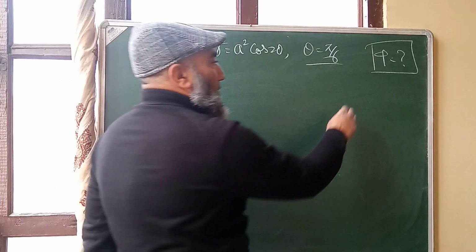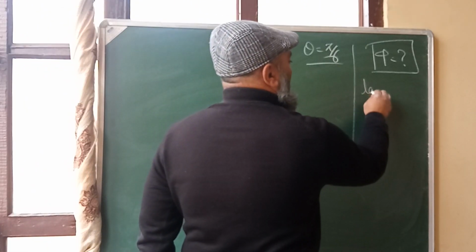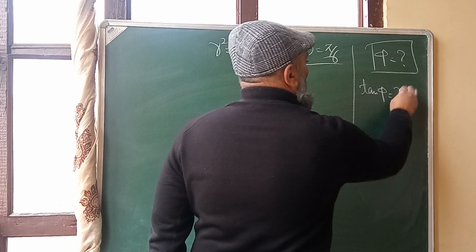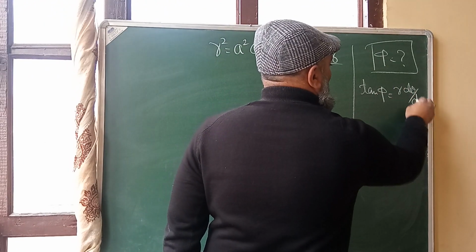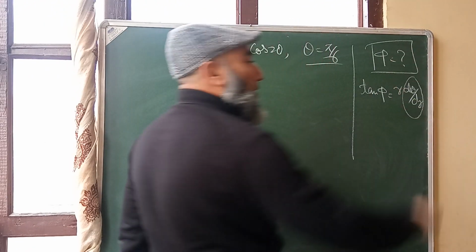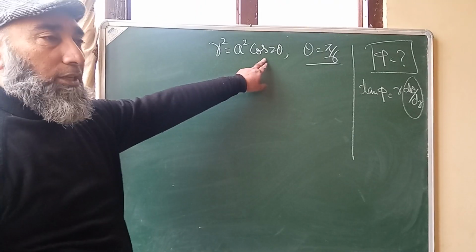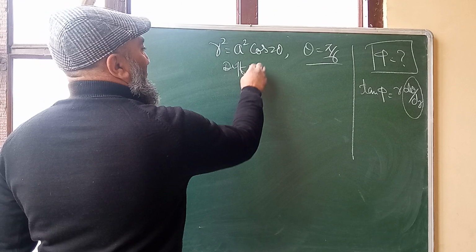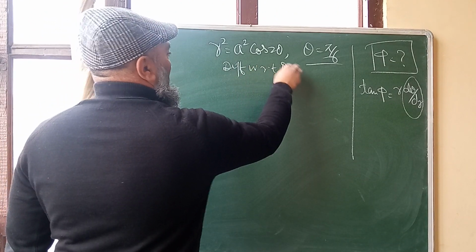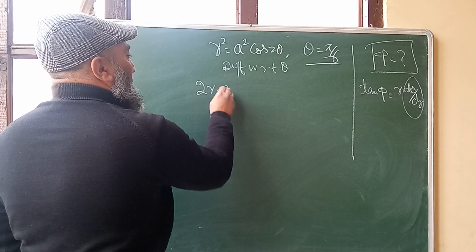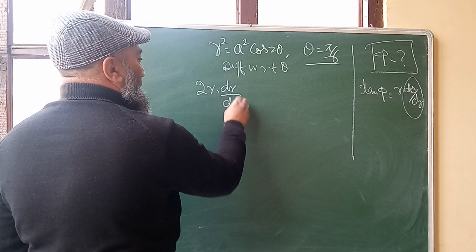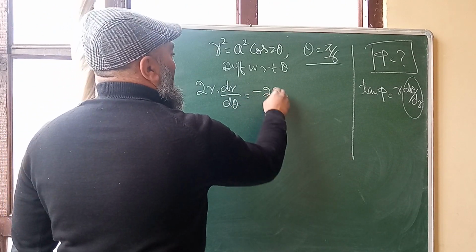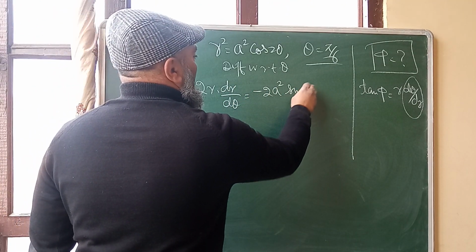And you know what tan phi is? Tan phi is r d theta by dr. So you need d theta by dr. You have r and theta, so let me differentiate with respect to theta. 2r dr by d theta is minus 2a square sine 2 theta.